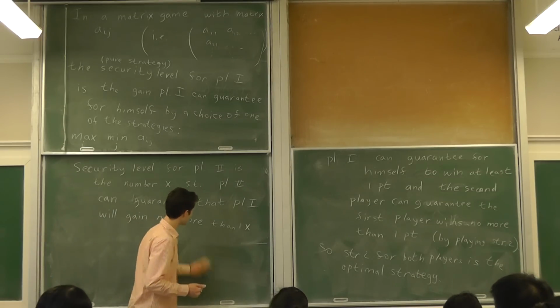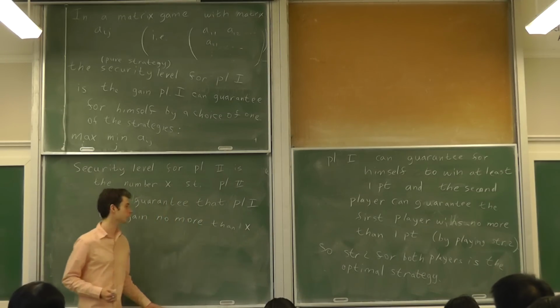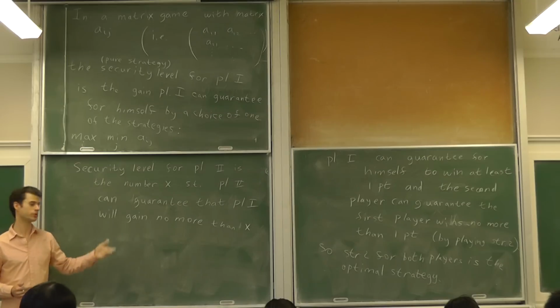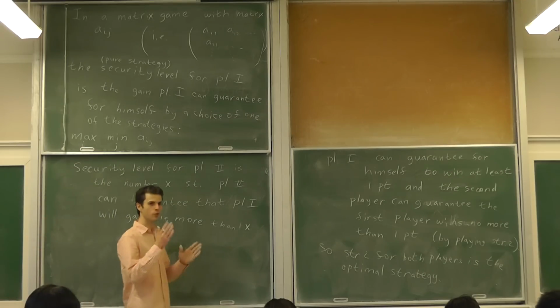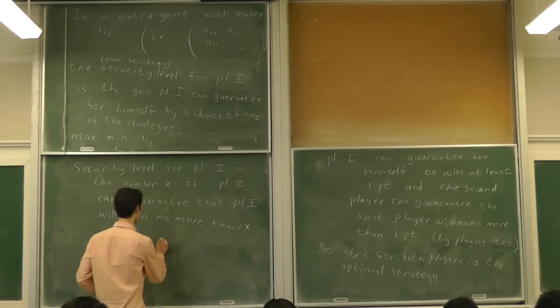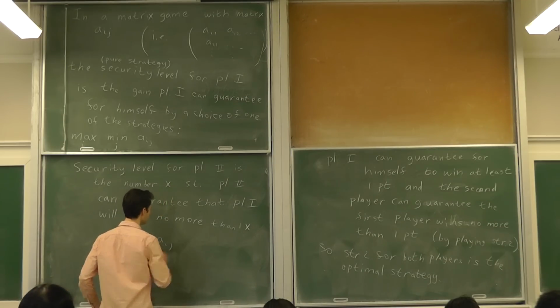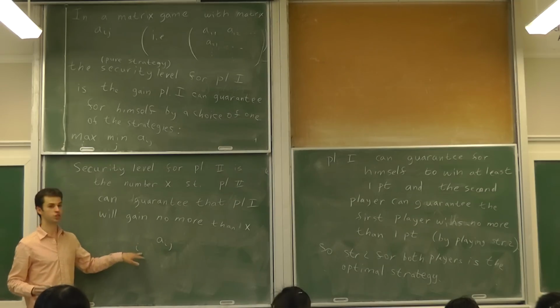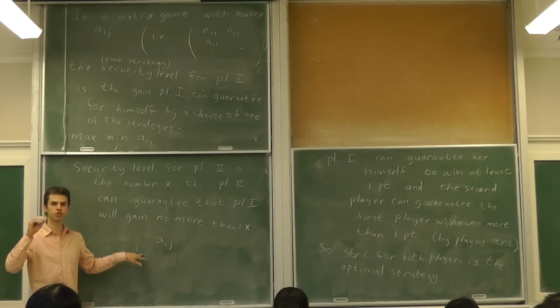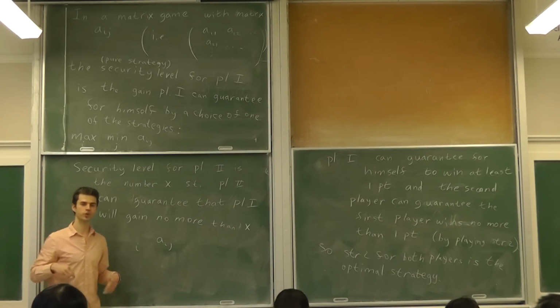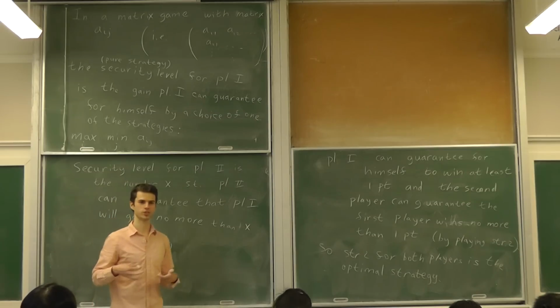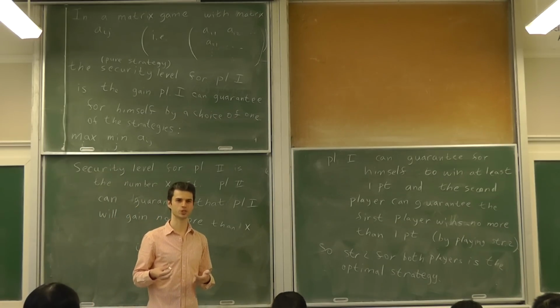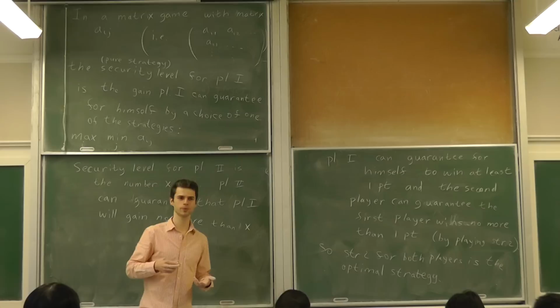And mathematically, what we are going to do to find out, well, we go over all the columns. So once again, we look at numbers in the table. Now we'll go over columns, which means we'll change the index i. In each column, we'll find what is the worst outcome for the second player, or in other words, what is the best outcome for the first player.